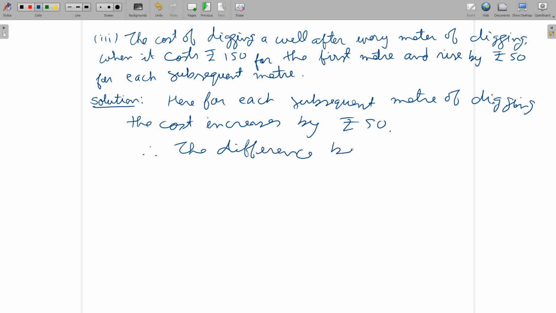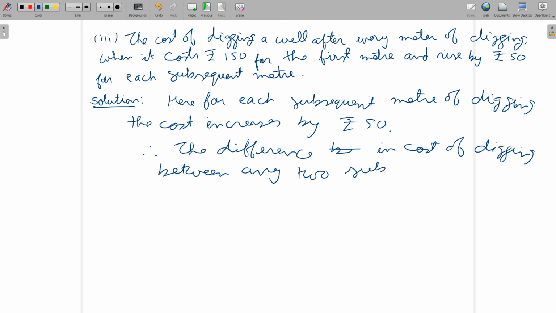Therefore, the difference in cost of digging between any two consecutive meters, between any two subsequent meters, will always remain how much? 50.